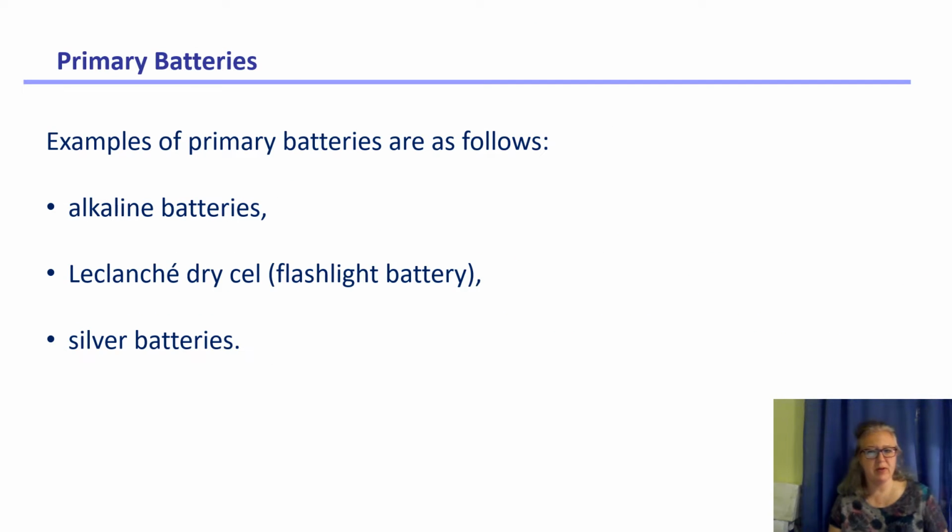Examples of primary batteries are as follows. Alkaline batteries, Leclanche dry cell, for example, in a flashlight battery, silver batteries, and so on.